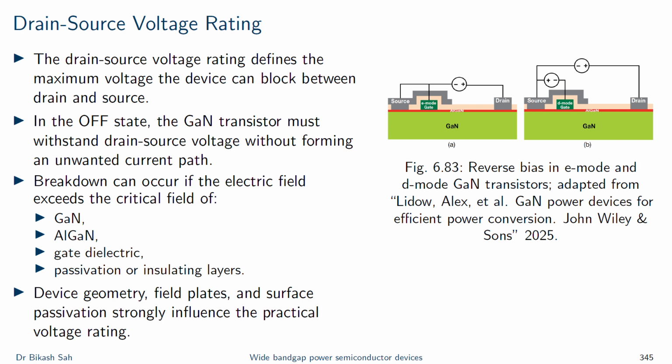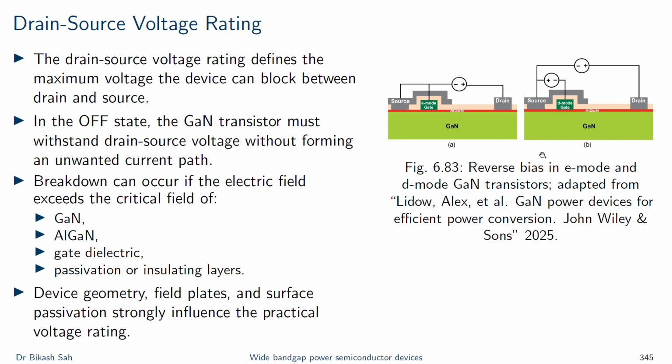But it is very important that the breakdown voltage of the finished device is not simply the ideal critical field of the bulk GaN material times distance. Practical breakdown is often limited by field crowding, surface traps, dielectric failure, and the layout design of the device, and a lot of things around it. This is an example of what a reverse bias condition for an E-mode and D-mode transistor would look like.